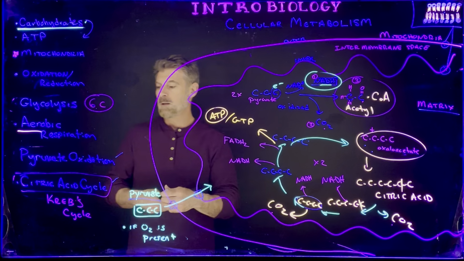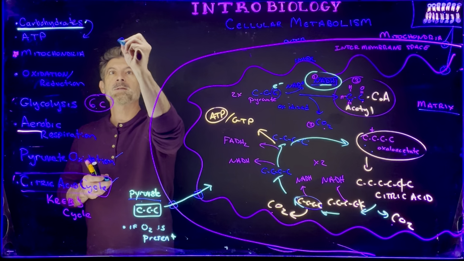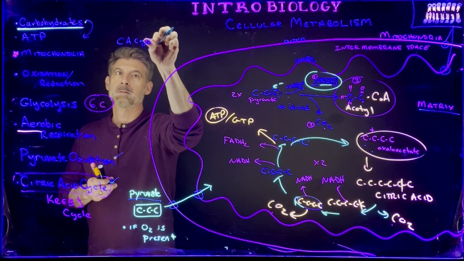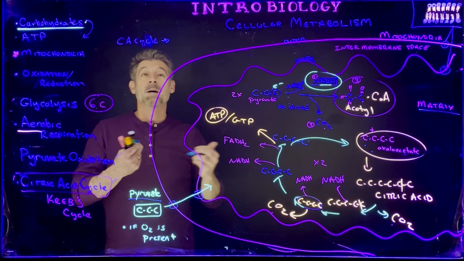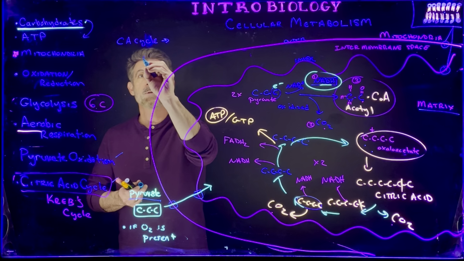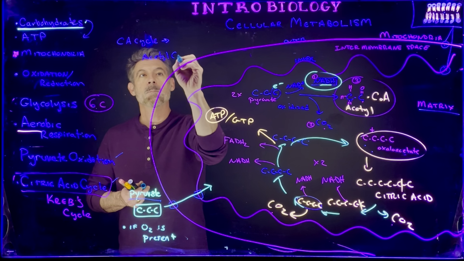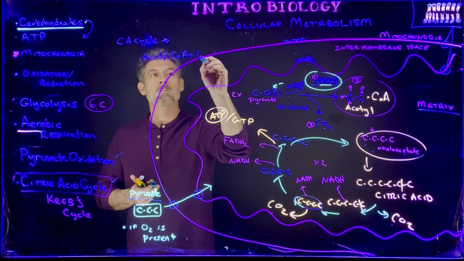But what you really need to know, so what do you need to know about the citric acid cycle? What comes into the cycle, I guess we should say, is acetyl-CoA, and we need this oxaloacetate.